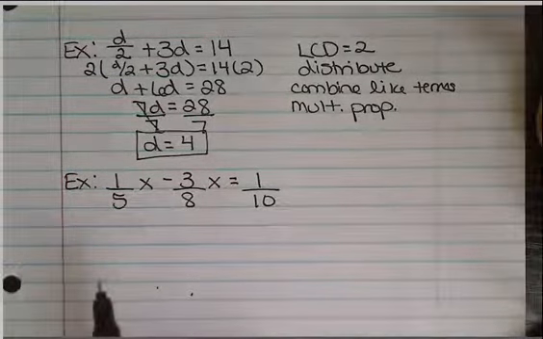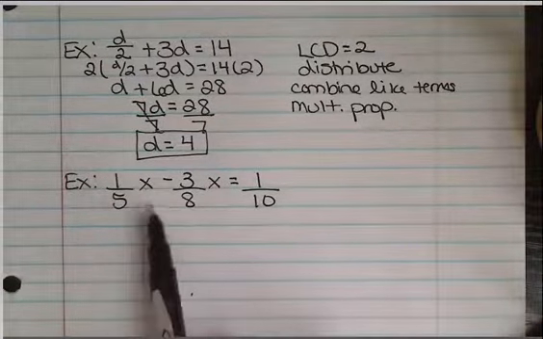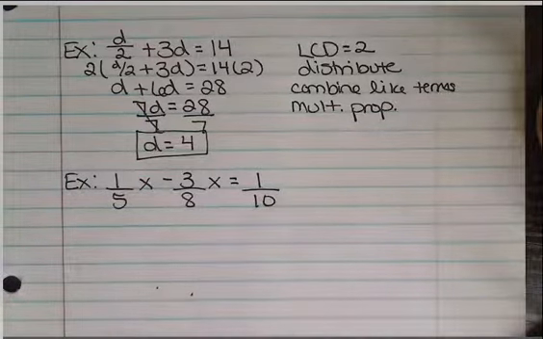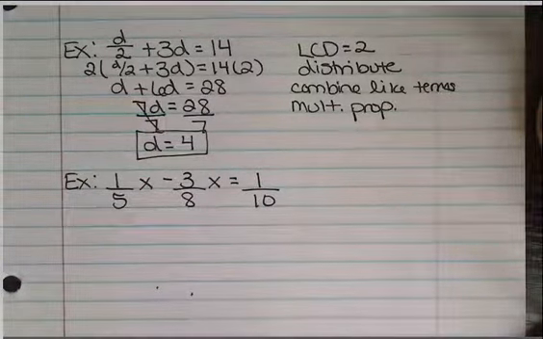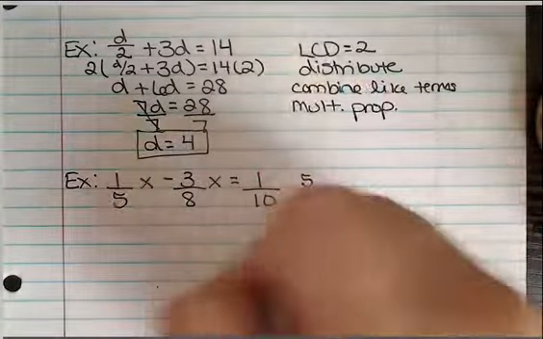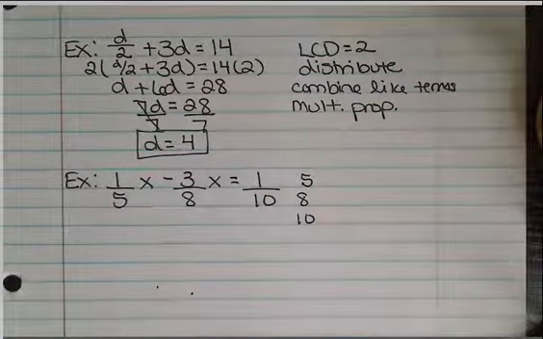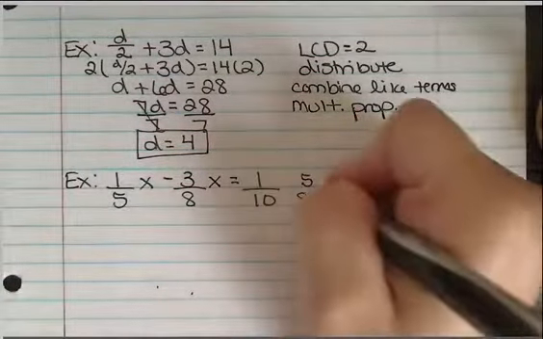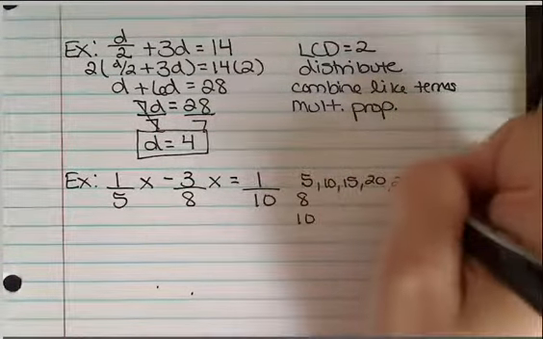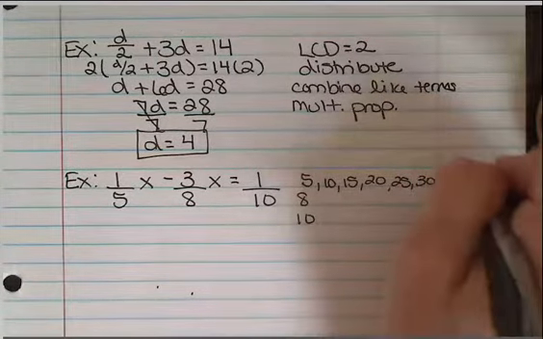If you don't know how to find the least common denominator, the easiest way is to write out your 5s, your 8s, and your 10s until you come up with something that they have in common. So we have 5, 10, 15, 20, 25, 30, 35, 40, 45, etc. Your 8s would be 8, 16, 24, 32, 40, 48.